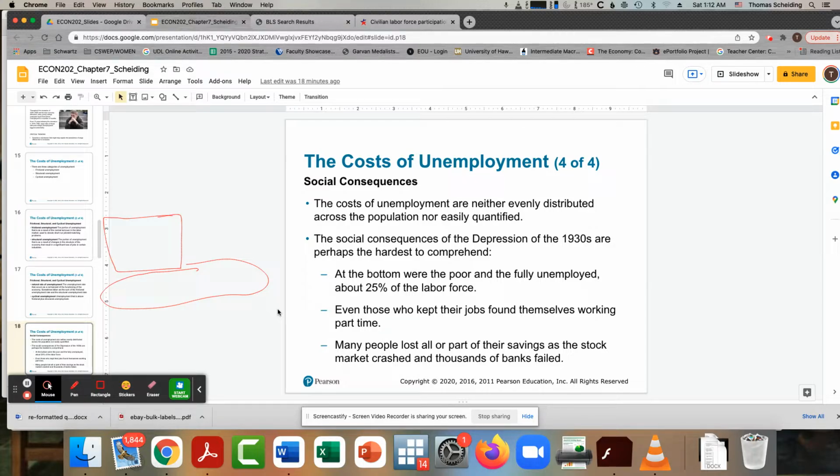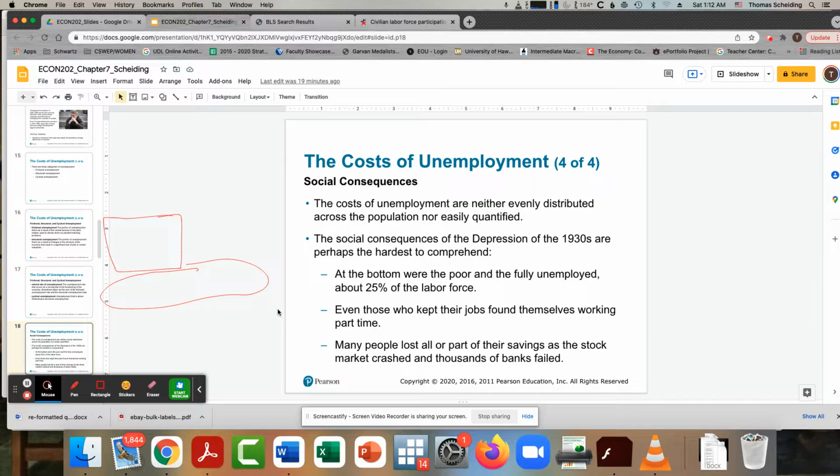Now, this may seem like I don't even need to talk about this, but we should. And the question would be, why do we care? Does it matter that individuals are unemployed? And it does. Individuals are greatly affected by not having work. It obviously hurts an individual's self esteem. They lose certain skills by being out of the labor force.